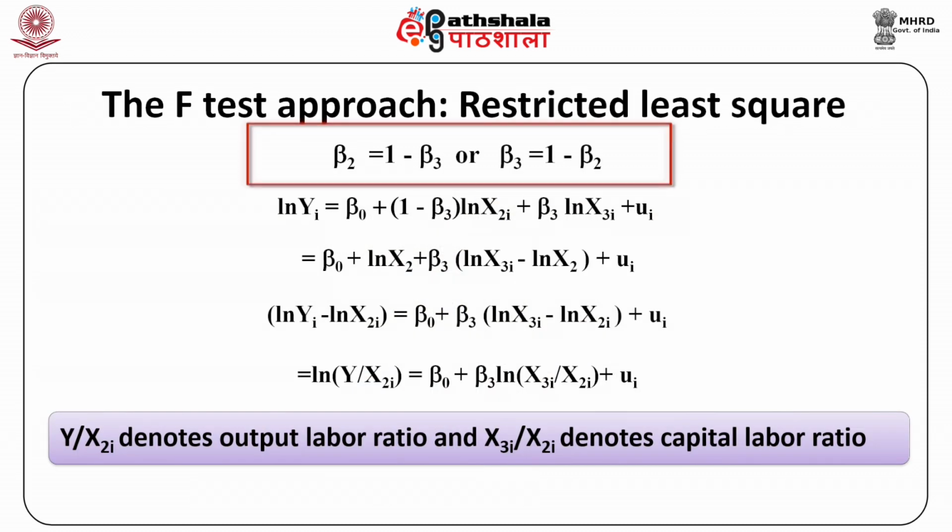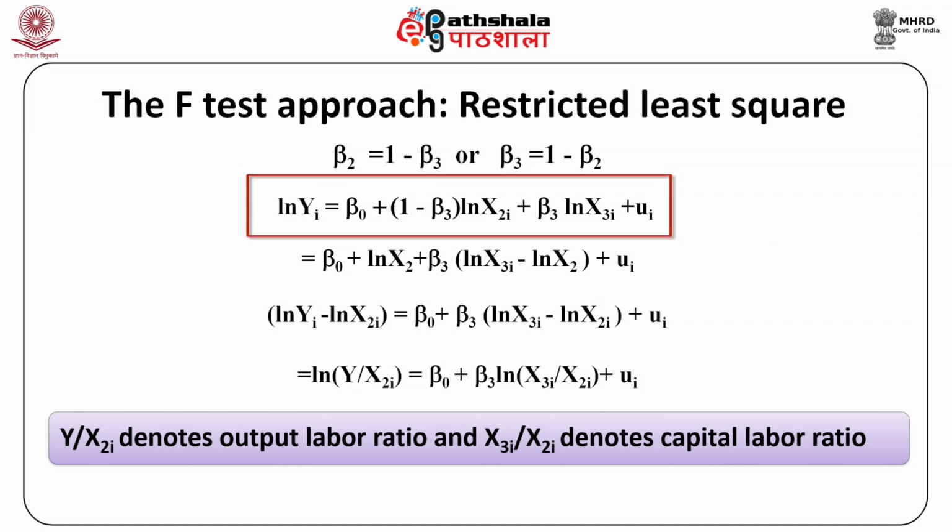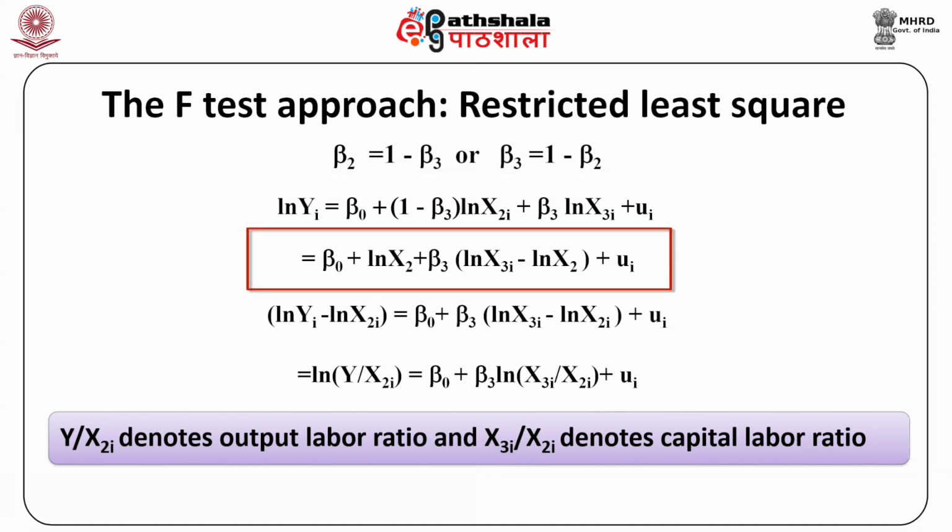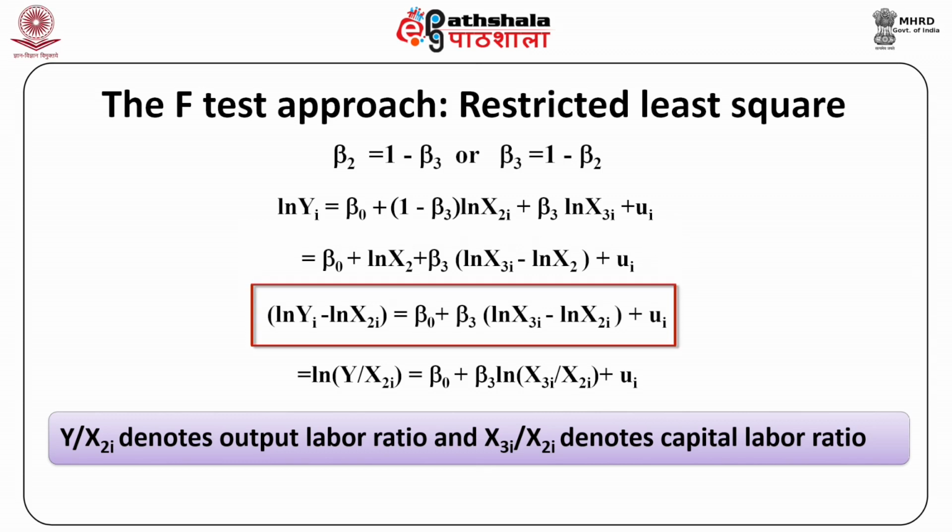Beta 2 is equal to 1 minus beta 3, or beta 3 is equal to 1 minus beta 2. Using any of the above equalities, we can write ln yi is equal to beta 0 plus 1 minus beta 3 ln x2i plus beta 3 ln x3i plus mu i, which is equal to beta 0 plus ln x2i plus beta 3 bracket open ln x3i minus ln x2i bracket close plus mu i.